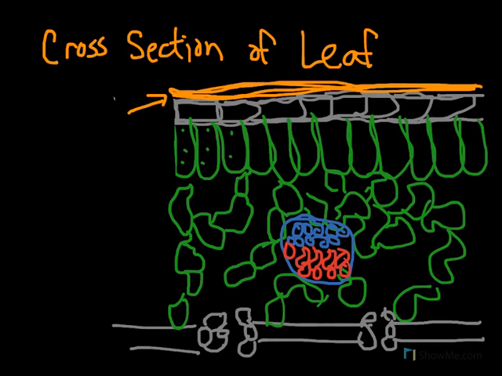The function of the cuticle is to waterproof that top layer. You remember, the top layer gets hit by a lot of sunlight, and the leaf would literally dehydrate or evaporate. All the water would be lost through the top layer if it wasn't for that thick, waxy layer. If you're looking at a leaf, you can tell the top layer is shiny.